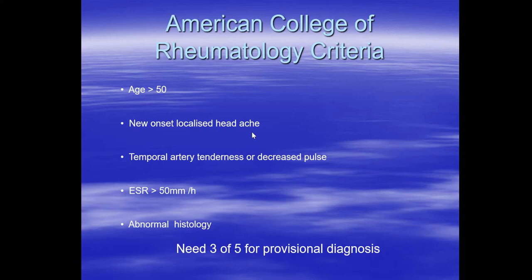The temporal artery will be tender. The ESR, or erythrocyte sedimentation rate, is generally raised and over 50, and their C-reactive protein will be raised as well, because it's an inflammatory condition, as well as abnormal histology from the biopsy.